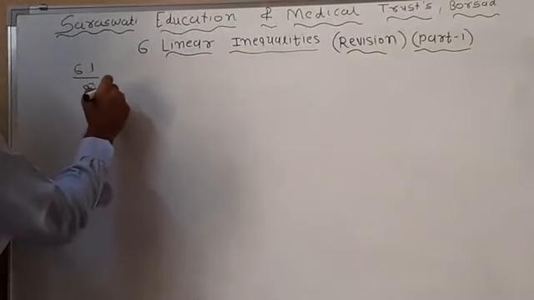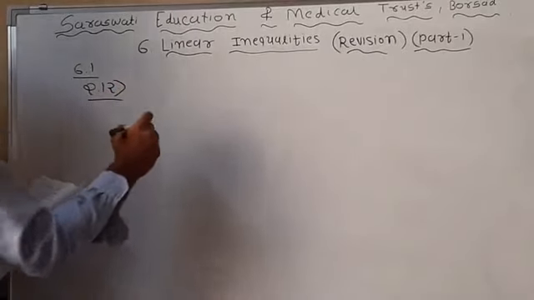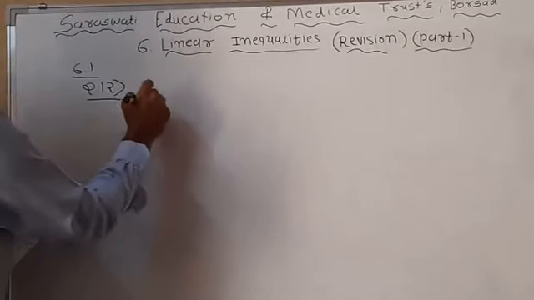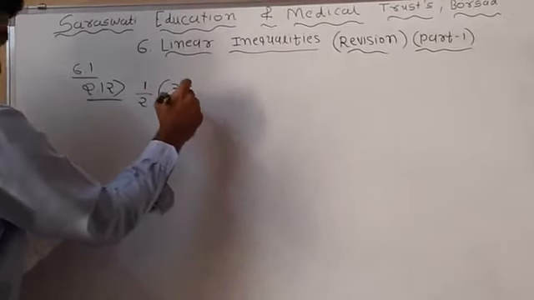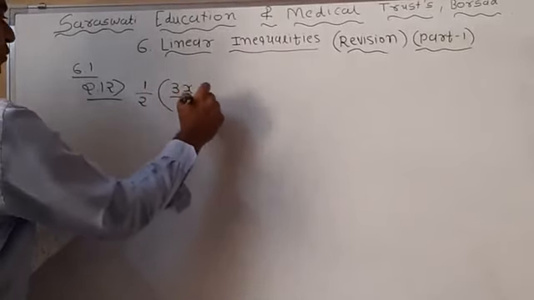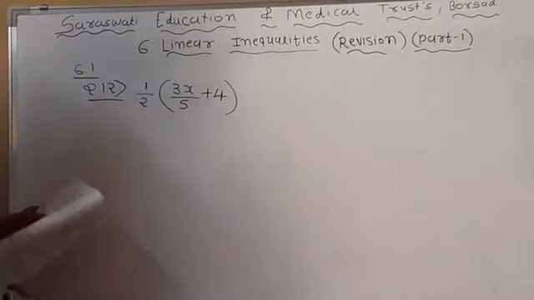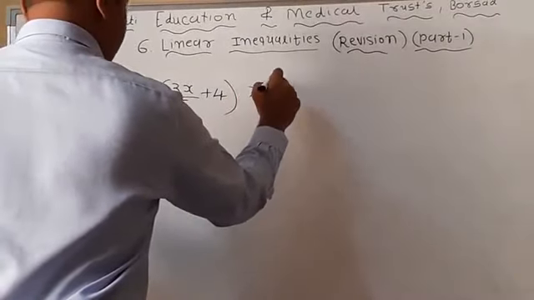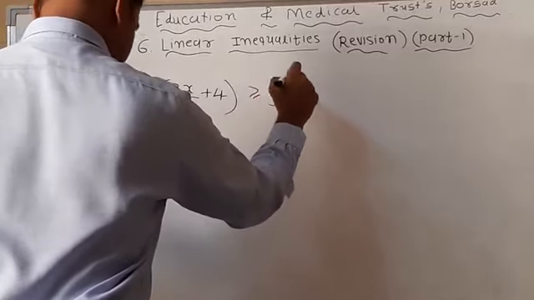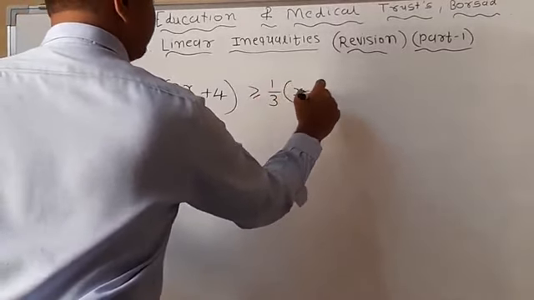Question number 12. 1 upon 2 into bracket 3x upon 5 plus 4 bracket over, greater than or equal to 1 upon 3 into bracket x minus 6.